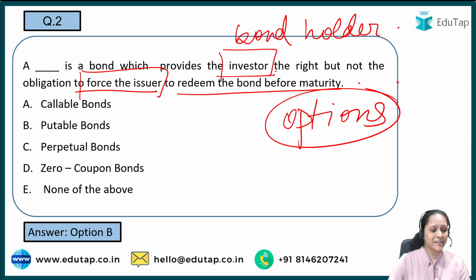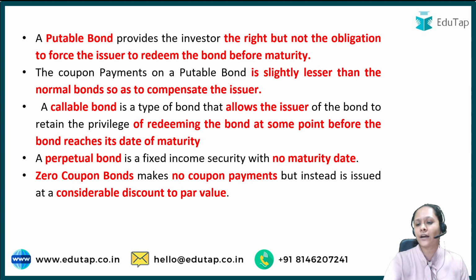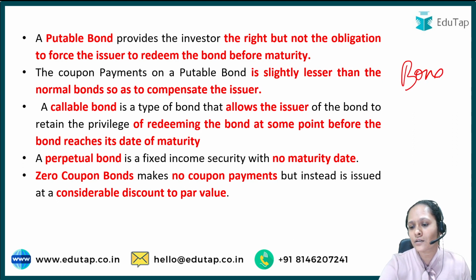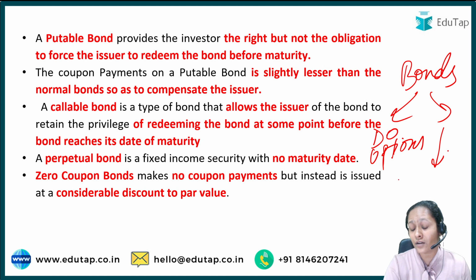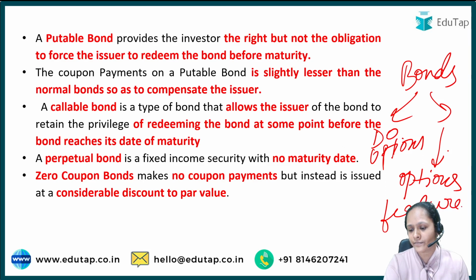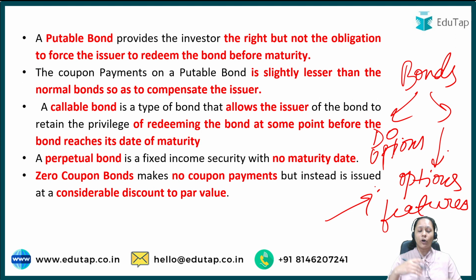Now let us understand what are these types of bonds. As I said, there are two types of bonds. The first one which do not have option features embedded, and the second, those bonds which have option features embedded in them. Now, a puttable bond is an example of option features.